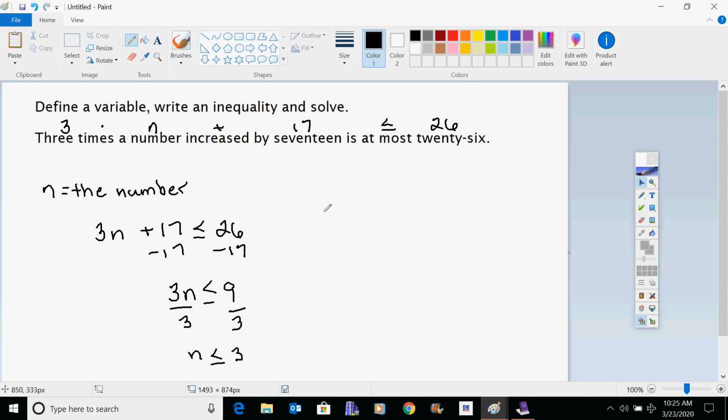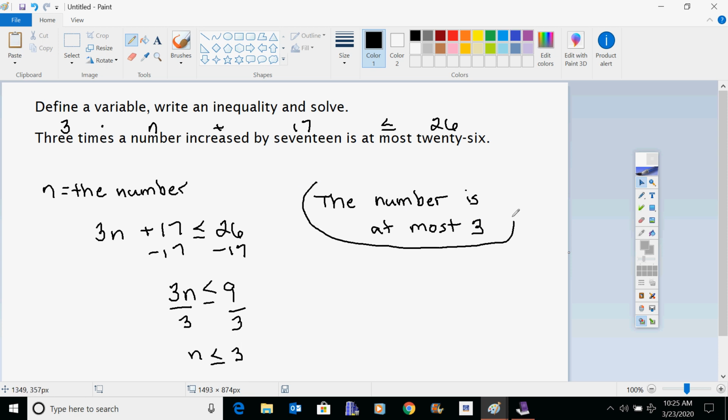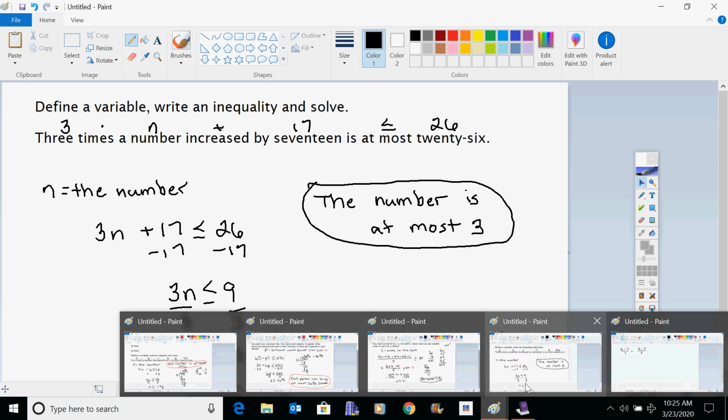And you could say the number is at most 3. It can be 3, but it could also be less than 3. It could even be negative the way this problem is written, but it could be 3 or less. So there are those things.